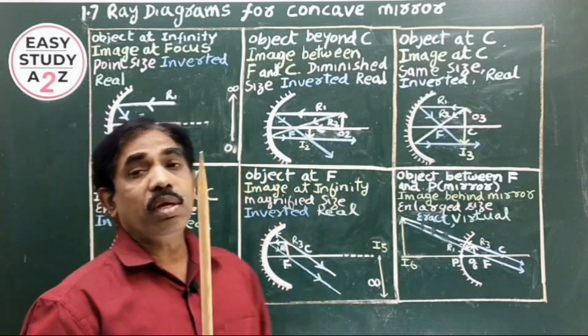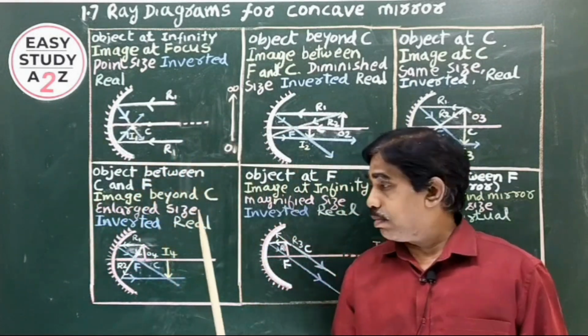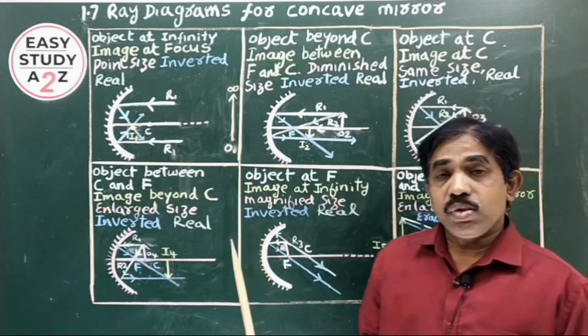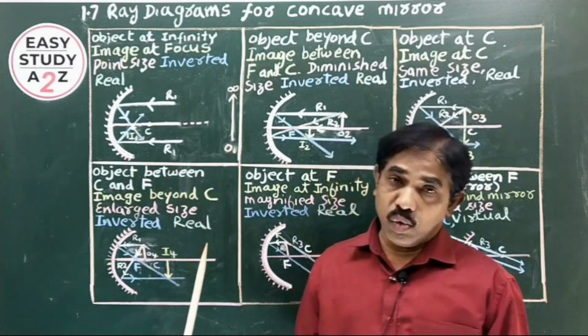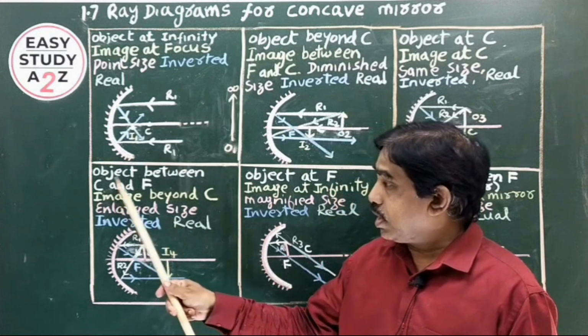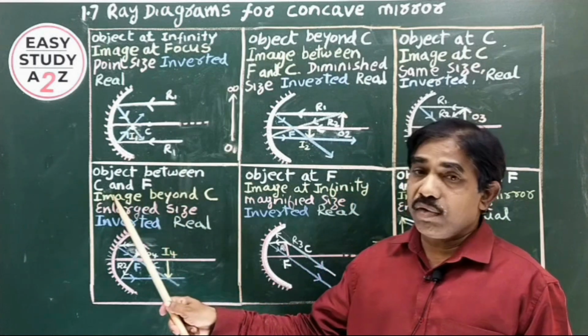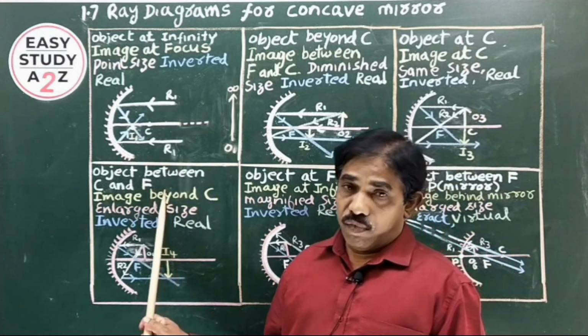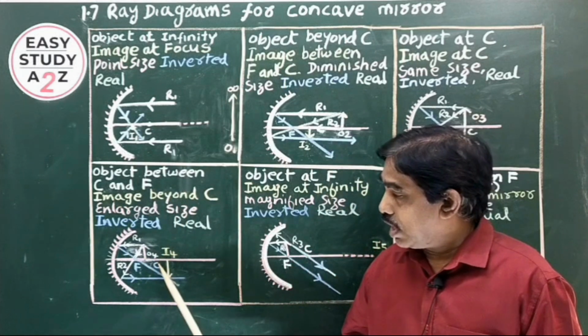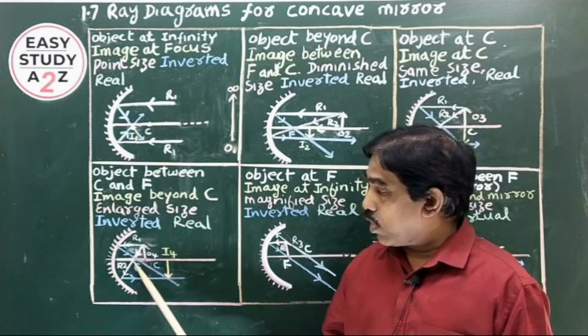Now coming to the fourth diagram. Here, we use rule 1 and rule 2. Now the object is kept between the center of curvature and the focus.